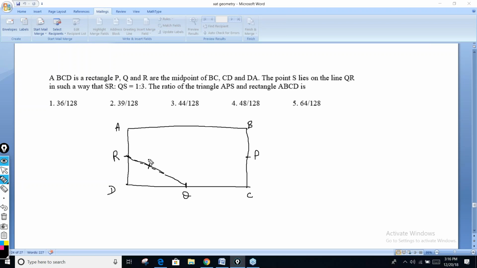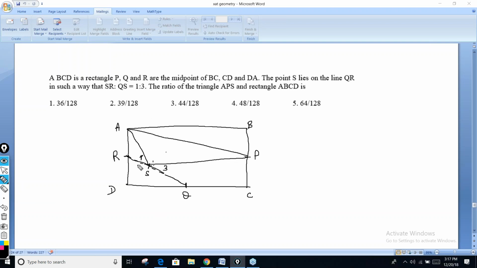So that SR is to QS is 1 is to 3. That is 1 is to 3. The ratio of the triangle APS and the rectangle ABCD, so this area and the complete area.